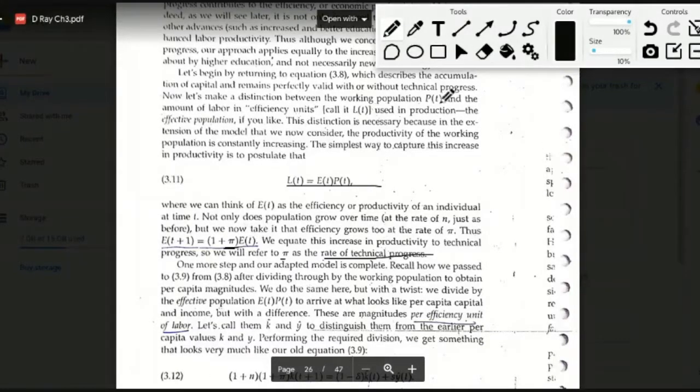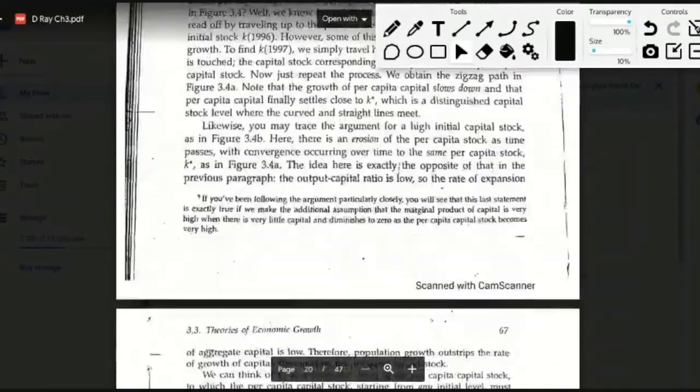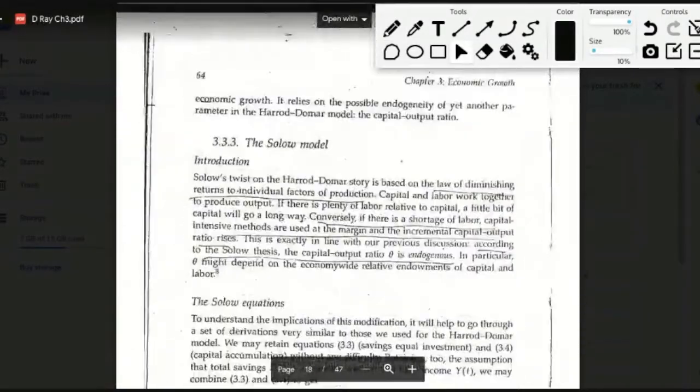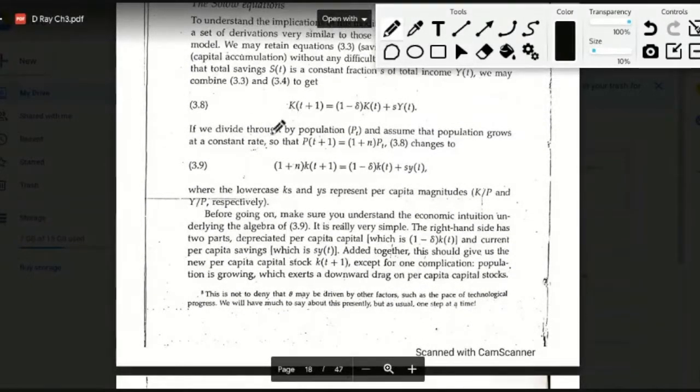So if you remember, when we derived the Solow equations in the previous section, we had divided our main equation by P_t on both sides. Let me just take you back to that equation, which was a basic capital difference equation. So this was equation 3.8, and we had derived equation 3.9 from 3.8, and the method by which we derived it was that we divided both sides by P_t.